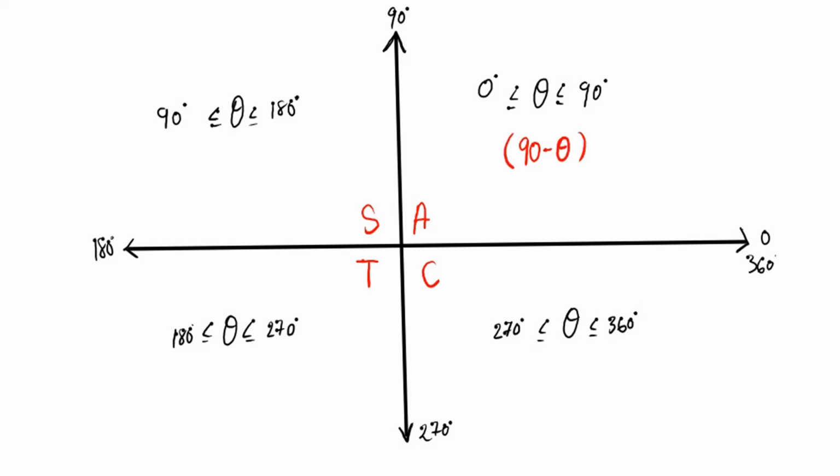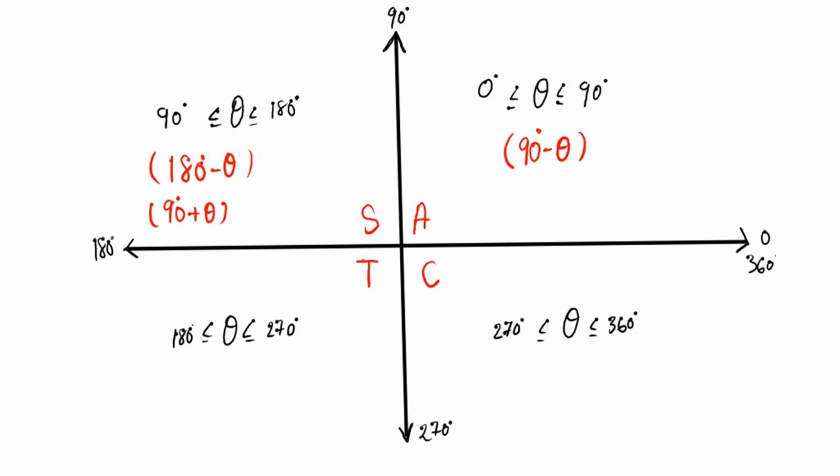The second quadrant can be called the 180 minus theta quadrant, because you've got angles that are less than 180 but greater than 90, so it can also be called the 90 plus theta quadrant.